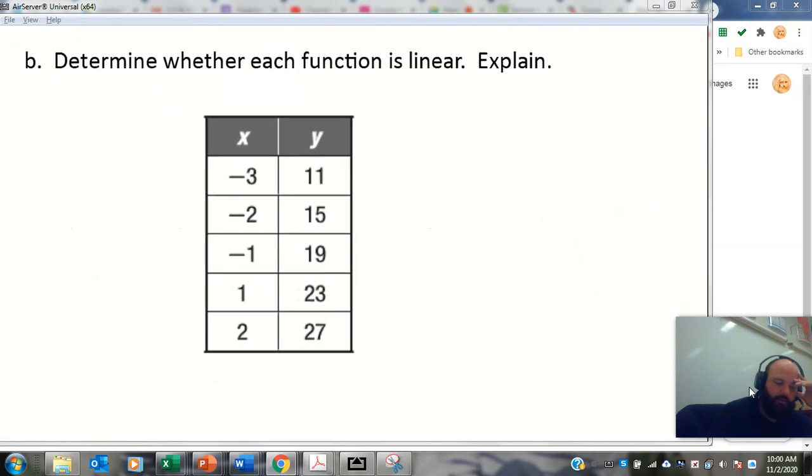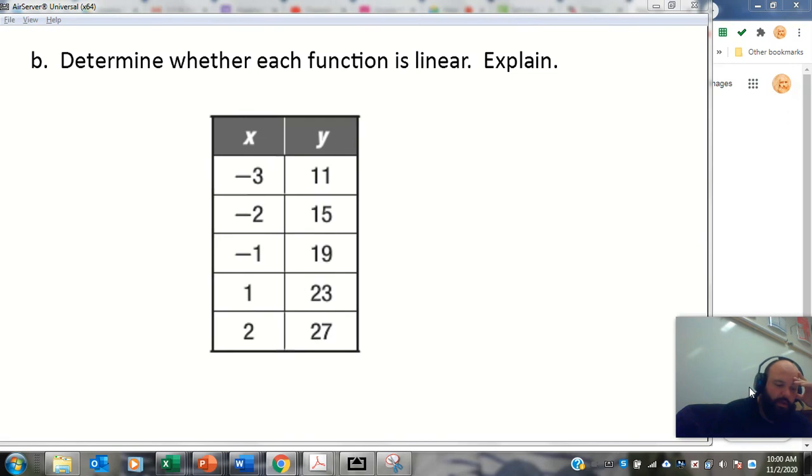I'll give you another example. So let's look at this one, see if it's linear. If I look at the x's, each one of these is +1 for the first two. And then this one is +2 and then +1. And that's okay. You can overcome that, which I'll show you here in a second. Now this one is +4. This is +4.